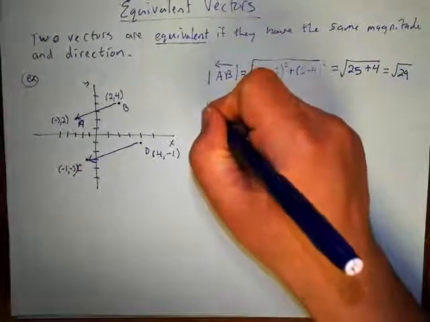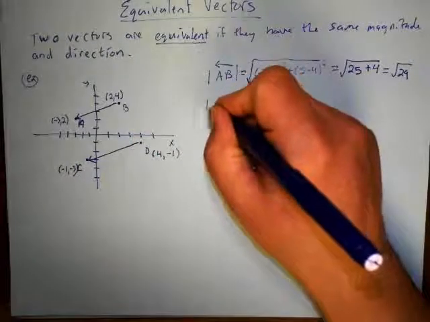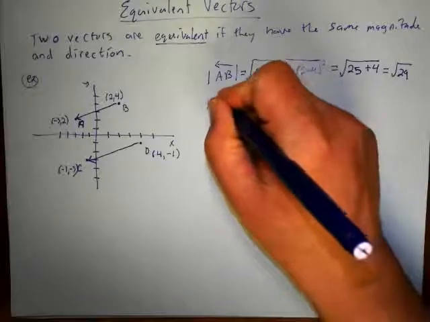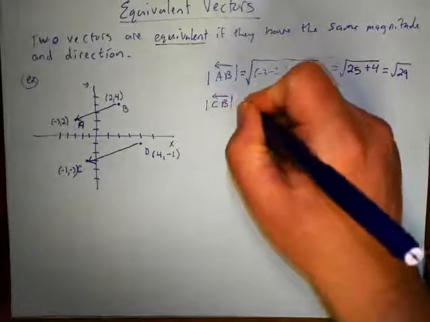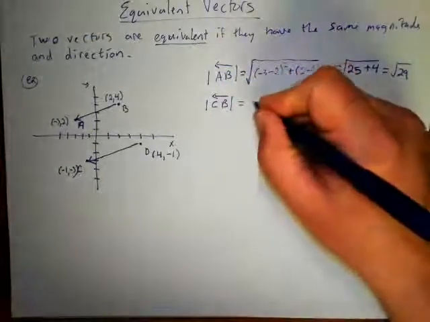Now, what about for vector CB? We'll take the magnitude of this now.